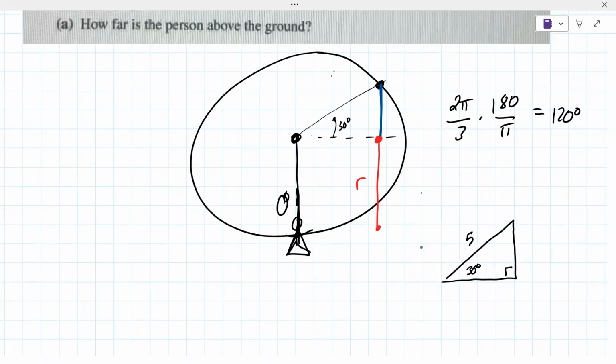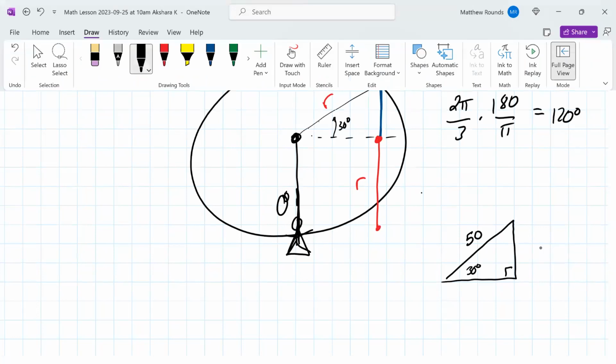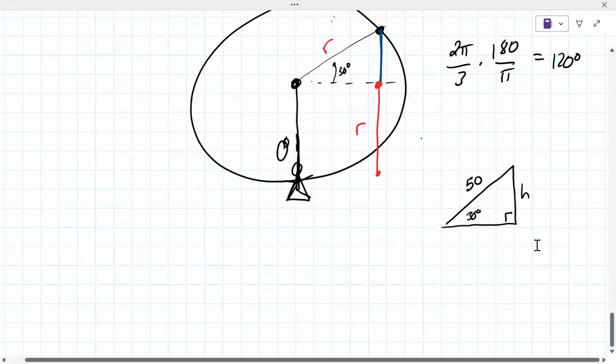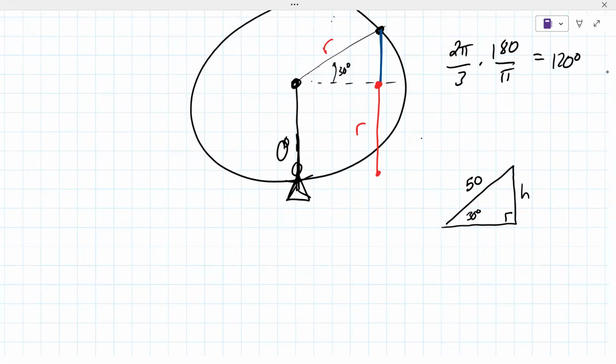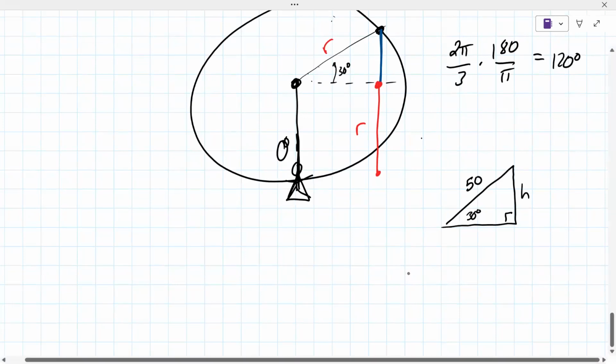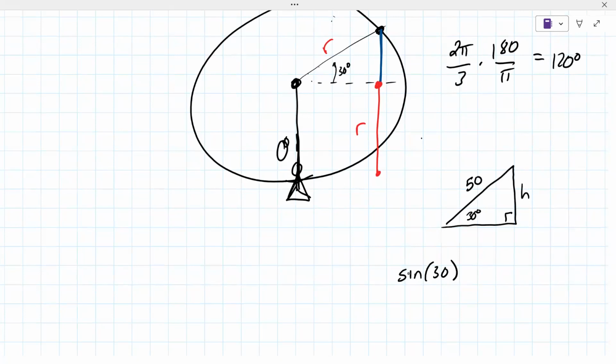We know that the radius here is 50, so that's also R. Depends on your instructor, it could be a non-calculator problem where you just set everything up, but this is sine of 30. Sine of 30 equals h over 50. So h equals 50 sine 30. Sine of 30 is a known value. It's 1/2. So this ends up being 25.